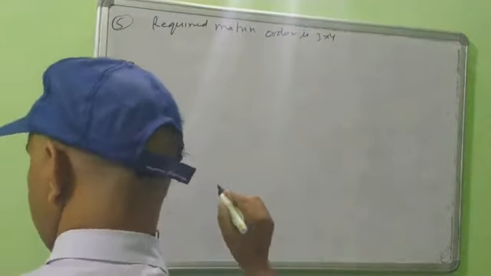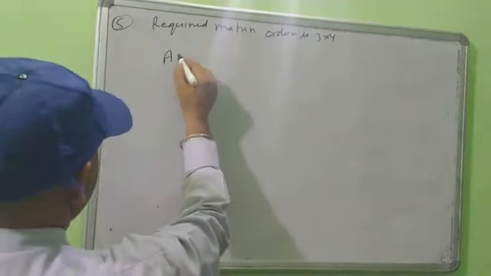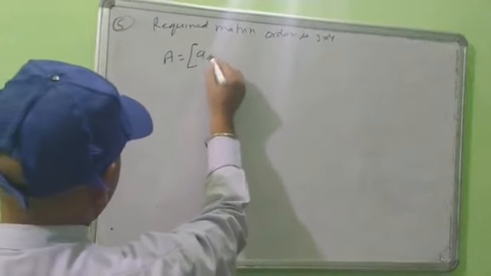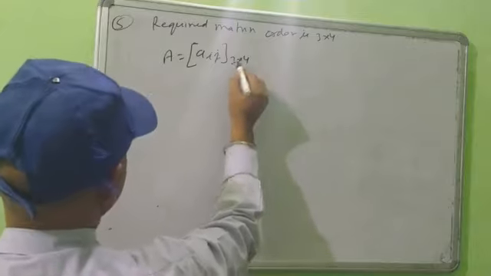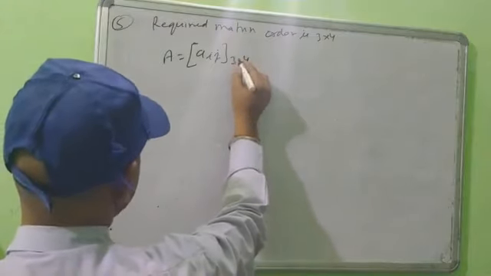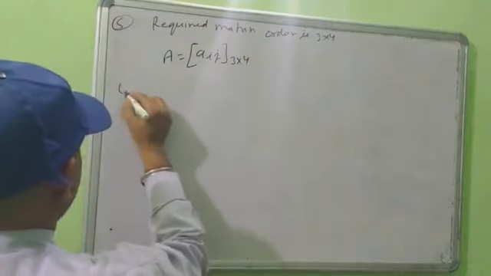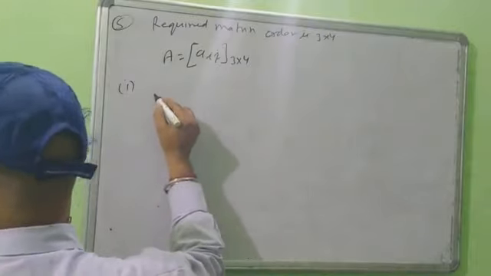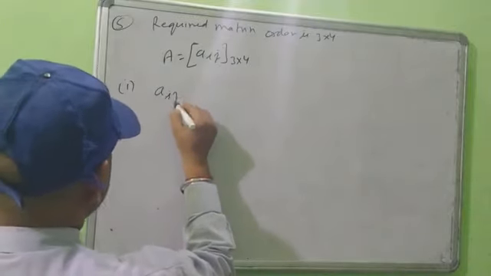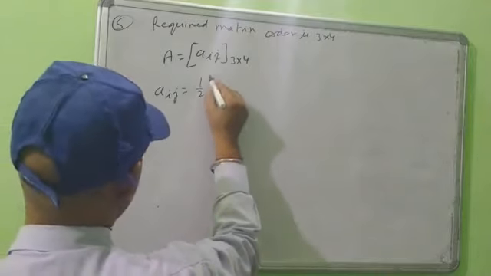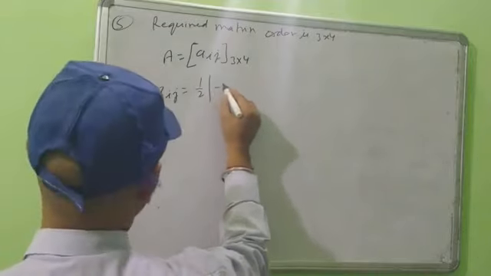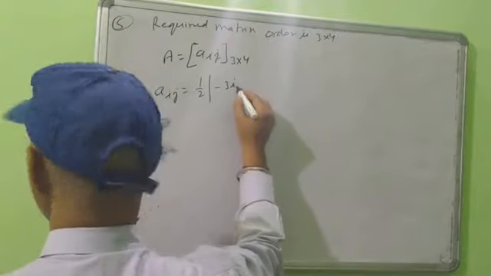You will write A equal to Aij in short form, a 3 into 4 matrix. You require a 3 into 4 matrix. And what is the rule given in the first part? Aij equal to 1 by 2, mod of minus 3i plus j.